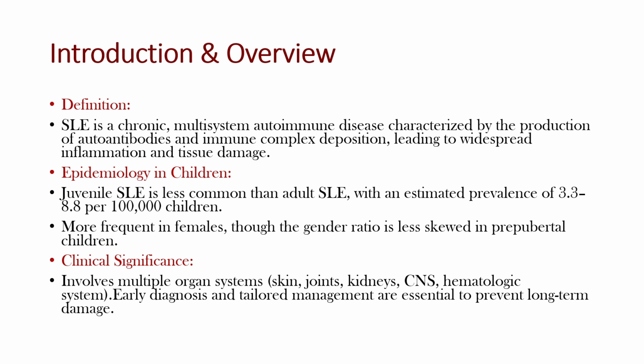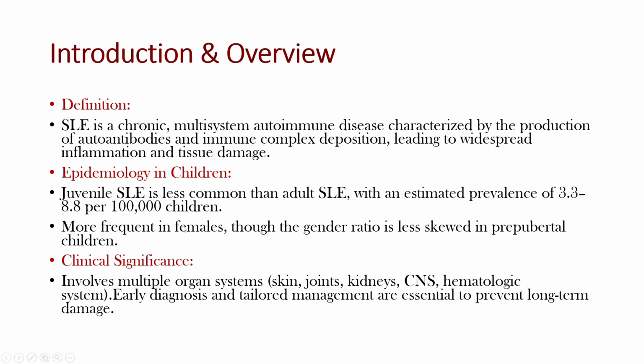SLE is a chronic multi-system autoimmune disease characterized by production of antibodies and immune complex deposition, leading to widespread inflammation and tissue damage. For epidemiology, it's less common than adult SLE, about 3 to 9 children per 100,000.